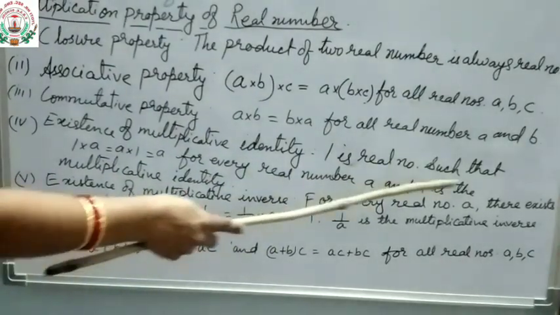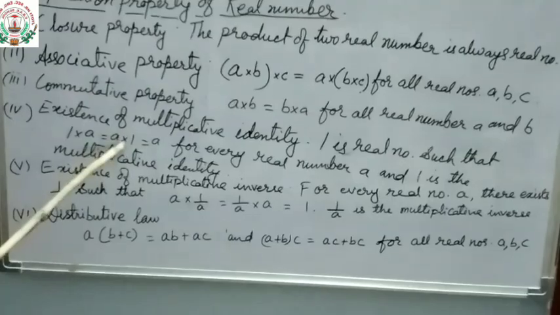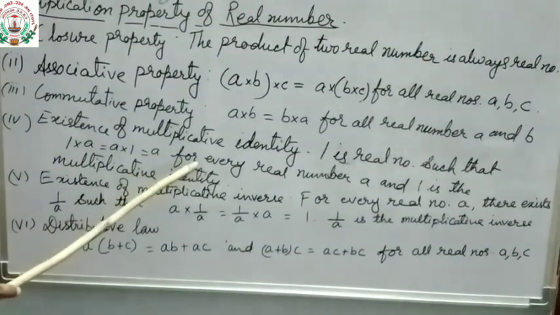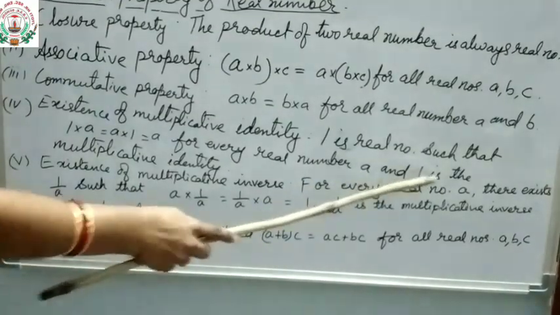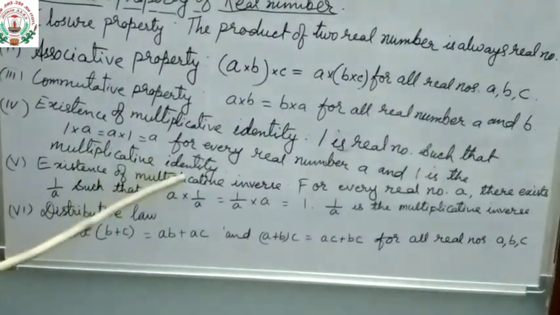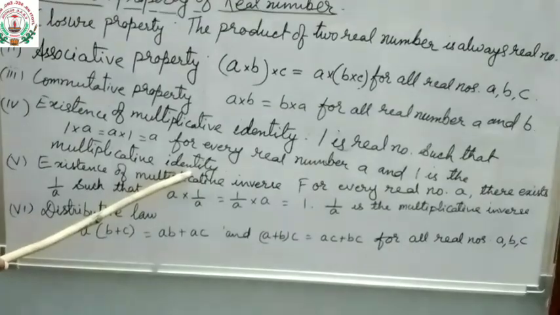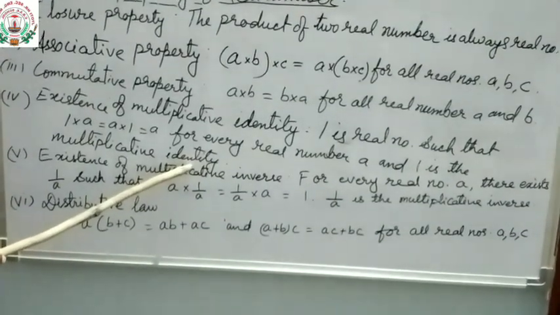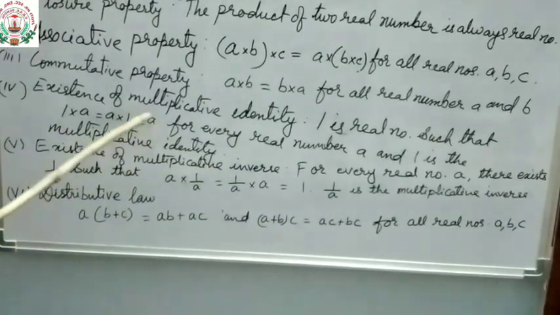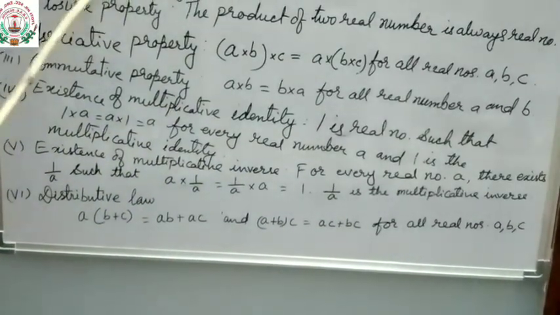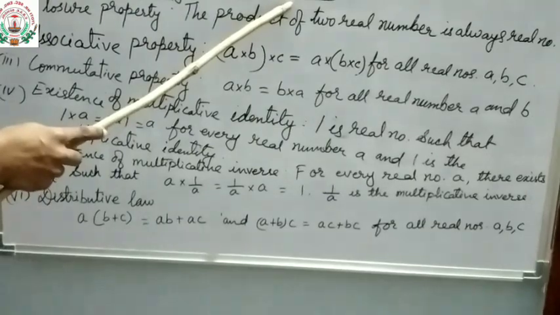So 1 is the real number such that 1 into A equals A into 1 equals A. So for all real numbers A, 1 is the multiplicative identity of multiplication property of real numbers.